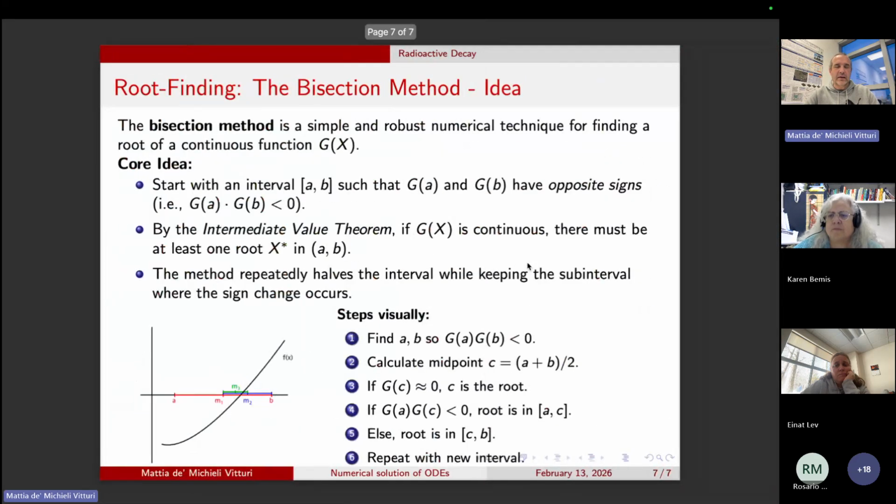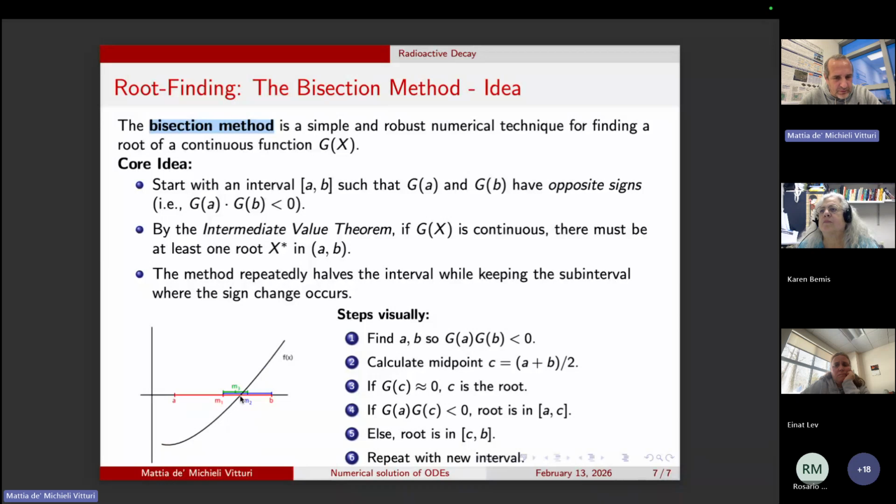There are a lot of methods, but one of the simplest is to use the bisection method. So let's imagine that we have a function, which is this black line. We want to find where this function is equal to 0.